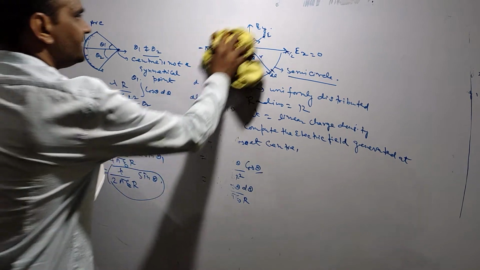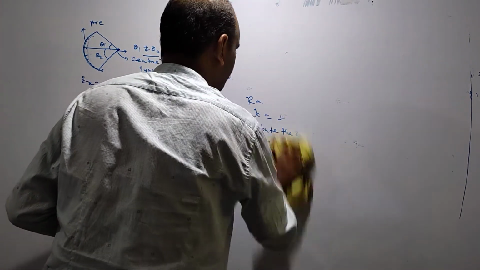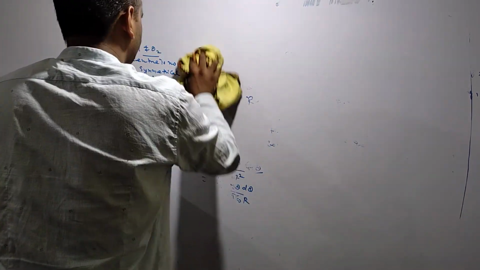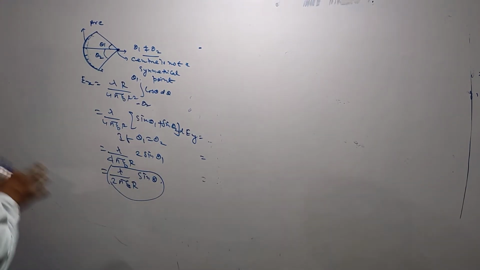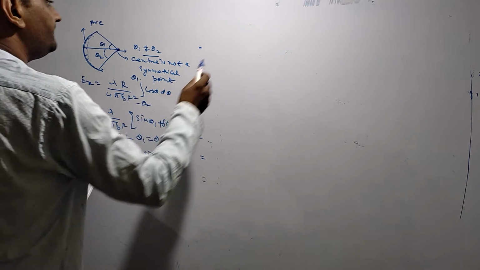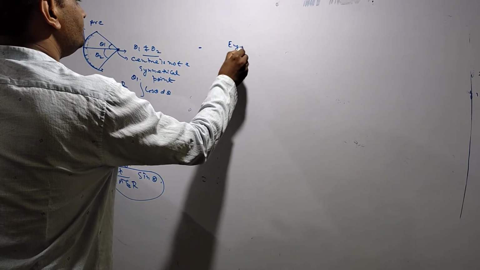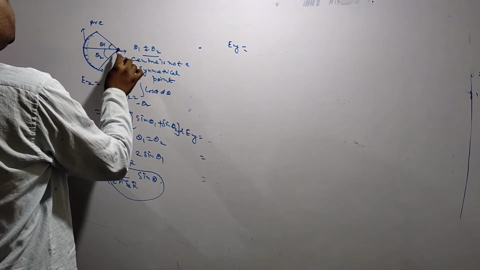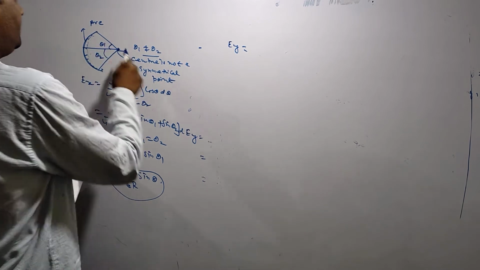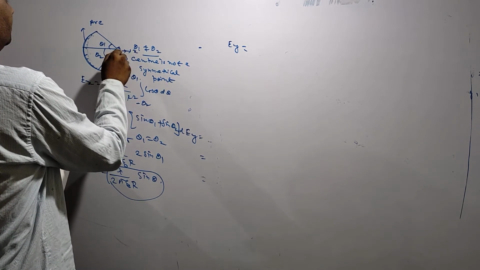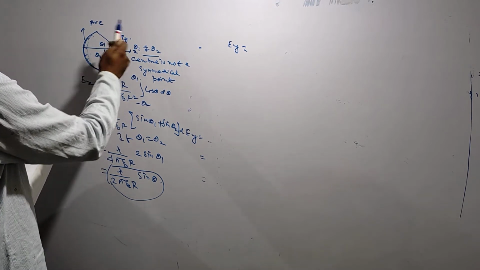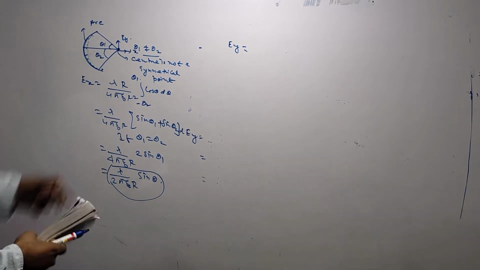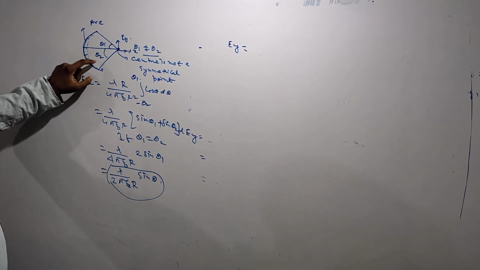Now we can write Ey. We can similarly develop an expression for Ey with the use of the same expression. Now Ey at this point, and this is Ex, and Ey may be in the downward direction or maybe upward, depending upon which contribution is higher.